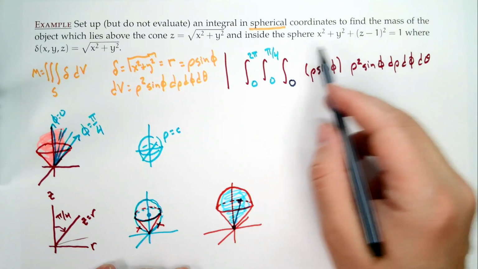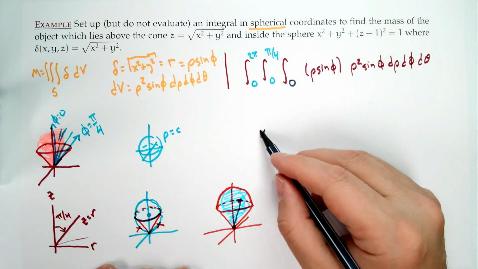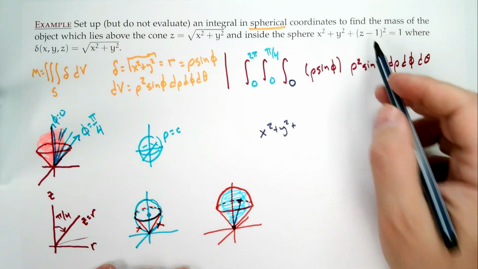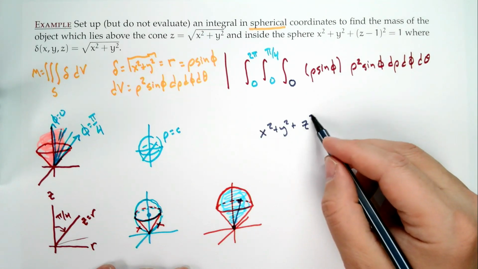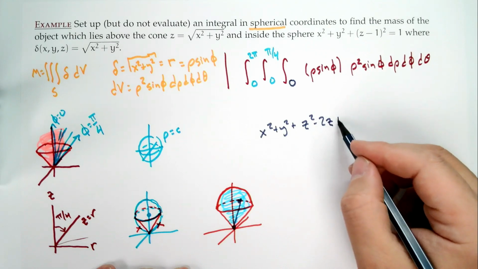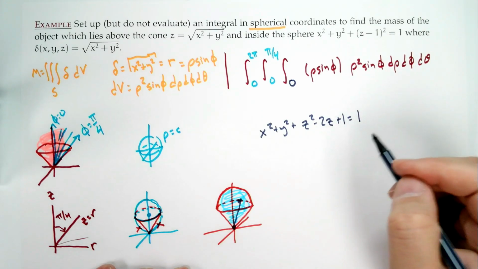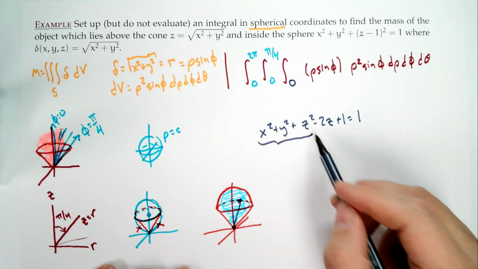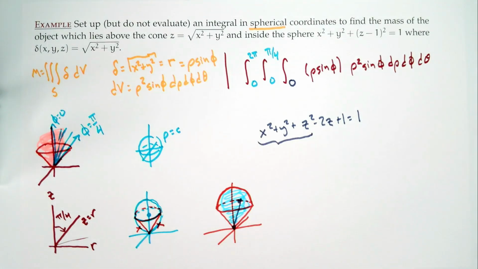The last piece of the puzzle to finish it off: what's the sphere? Let's stare at this equation: x squared plus y squared, and here I'm going to actually expand, plus z squared minus 2z plus 1 equals 1. The reason I expand is that x squared plus y squared plus z squared in spherical coordinates is simple.